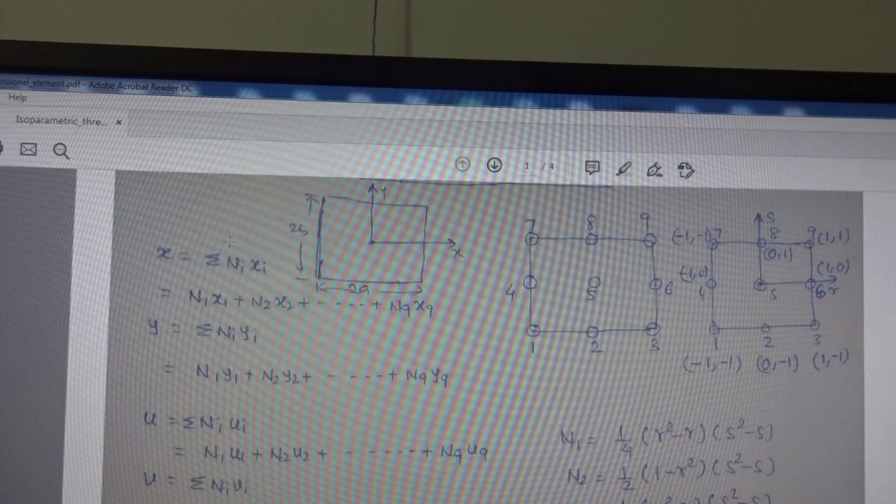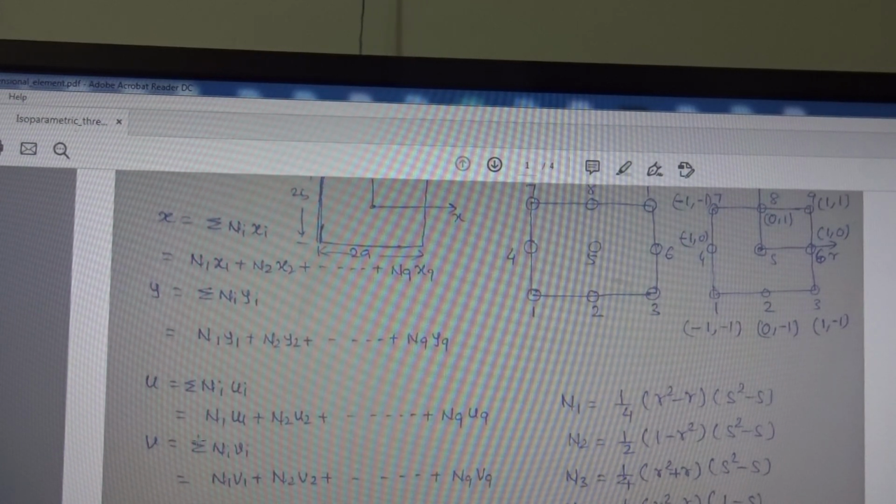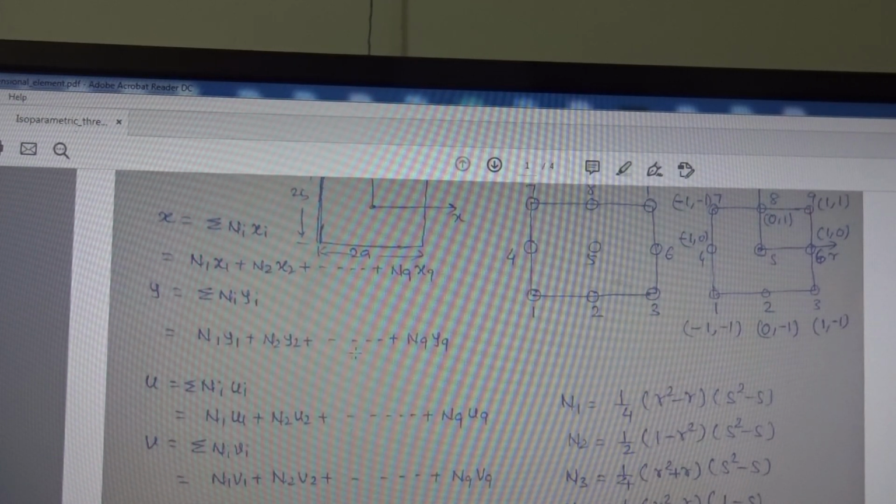In short form, you can write the summation of Ni xi. Similarly, y is equal to the summation of Ni yi, that is N1 y1, N2 y2 plus up to N9 y9.